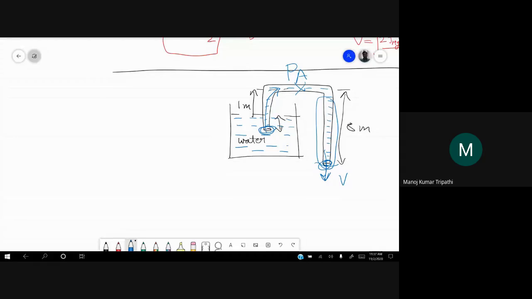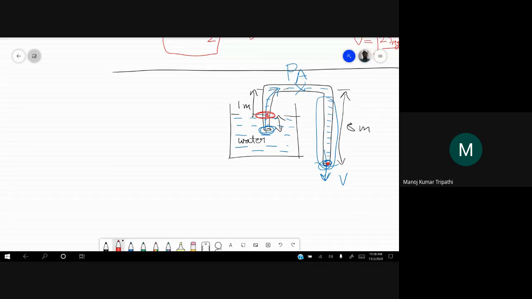Here you can apply Bernoulli's equation between the surface of the water and a point inside the tube, because we have to apply it along a streamline. So at this level, inside the tube, to the exit of the tube. Between these 2 points, if you apply Bernoulli equation, then you will get the velocity as well as pressure. So first you will get velocity at 2.